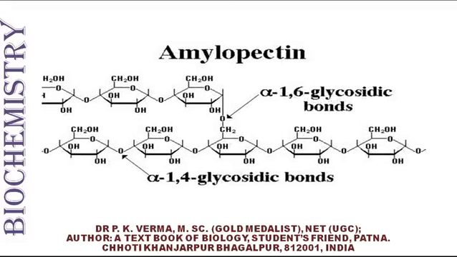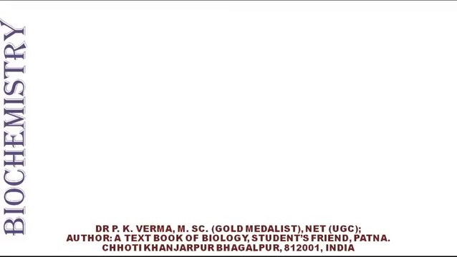This is the branching point where alpha-1,6 glycoside bond is formed, and in the straight chains of each of them, alpha-1,4 glycoside bond is present. So amylopectin has both alpha-1,4 and alpha-1,6 glycoside bonds.